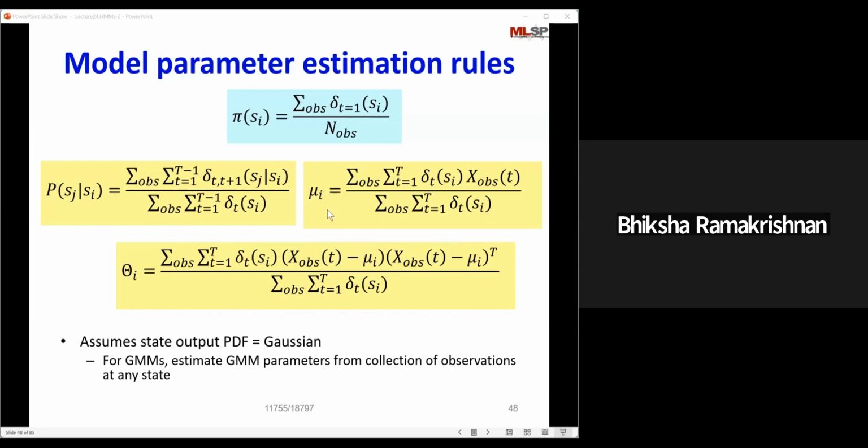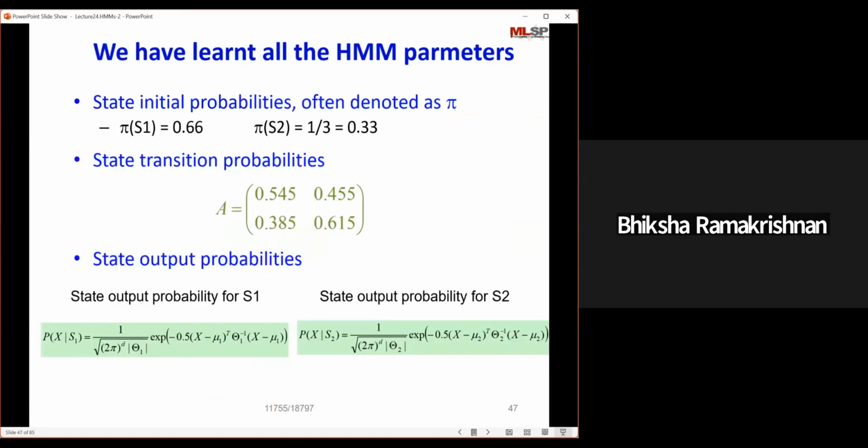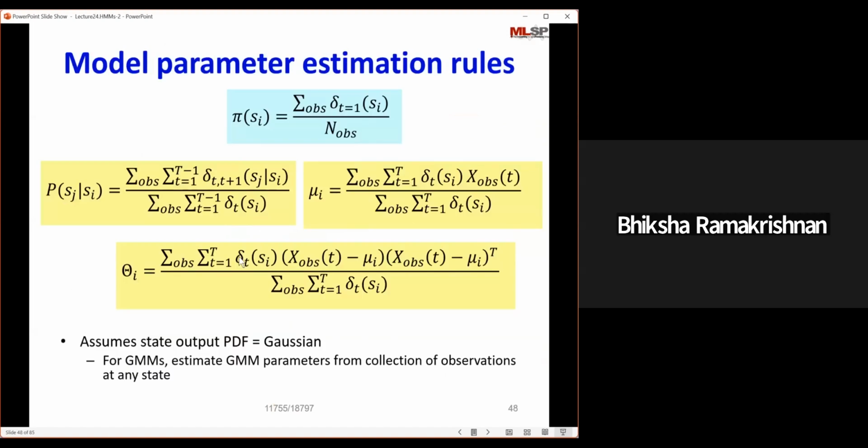Can you relate them to what's happening here? They make sense. It's easy: I just rewrote them, and this Kronecker delta is being used as a selector function. You select an observation if the corresponding underlying state is state Si.